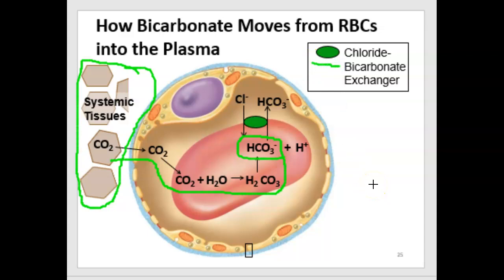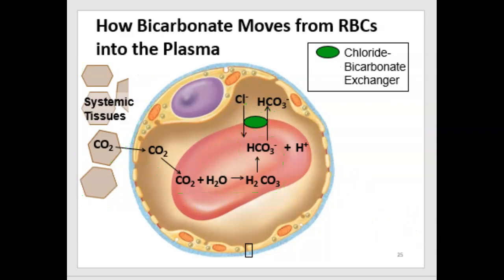It doesn't matter. You can think of it as a transporter or a channel. And it, by facilitated diffusion, moves bicarbonate to the plasma in exchange for chloride coming into the cell. They're both anions. They're both negatively charged, but it's the bicarbonate that moves to the plasma and the chloride ion that comes into the red blood cell.